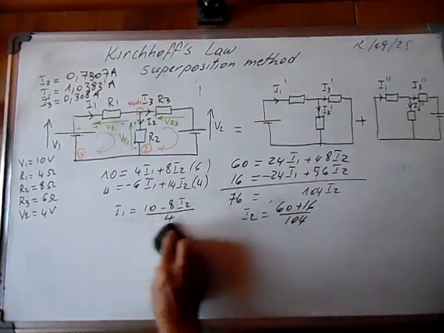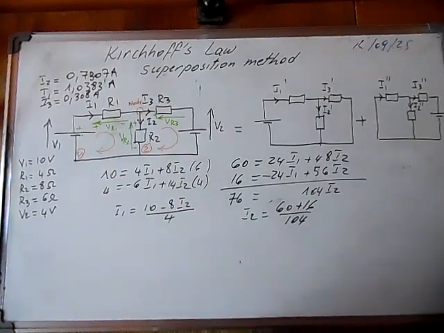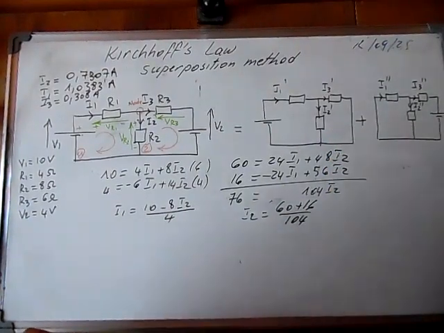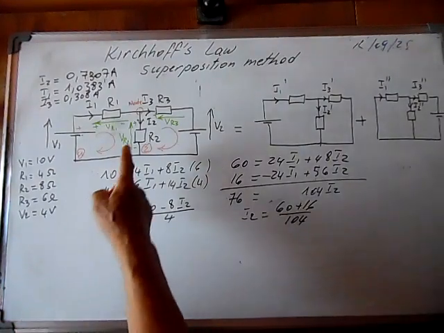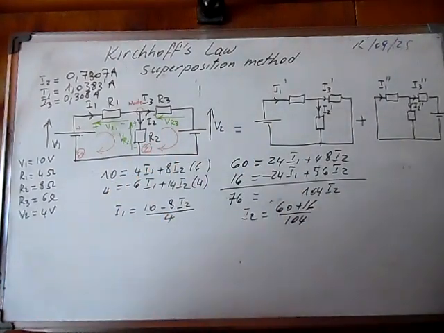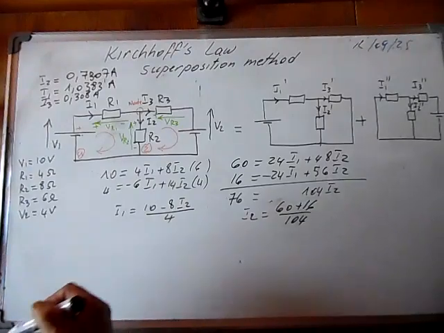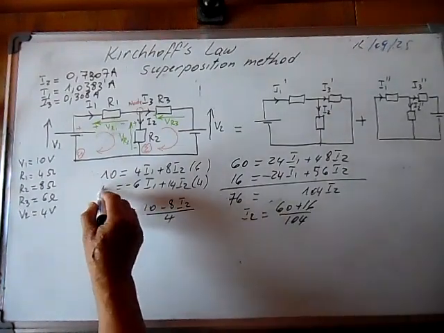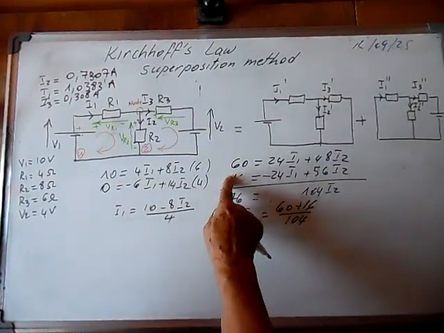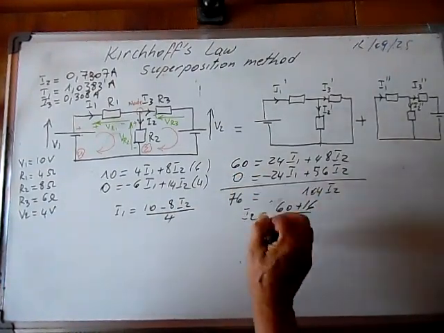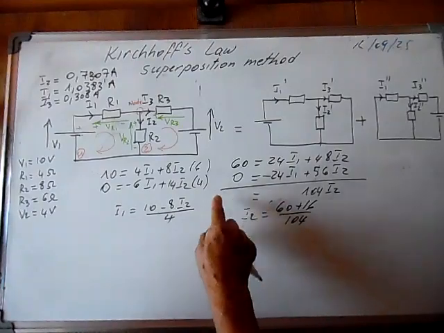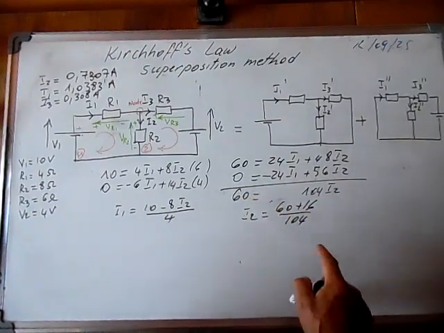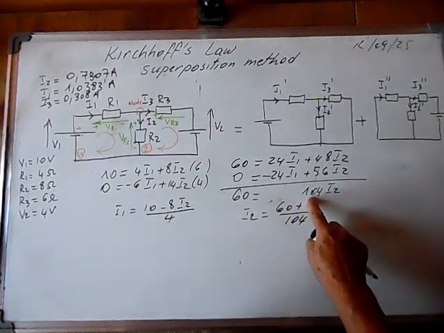So we'll try now to go to the next circuit to calculate I1 prime. What is the difference between this and this? It means that V2 is equal to 0, so we change this one to 0, this one to 0, so we'll have 60 plus 0.